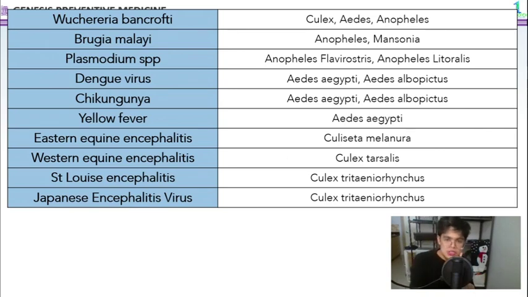I've added this table for your convenience. A common question that may come up is what specific mosquito is the vector of transmission for a given disease. So there are many different diseases brought about by mosquitoes.